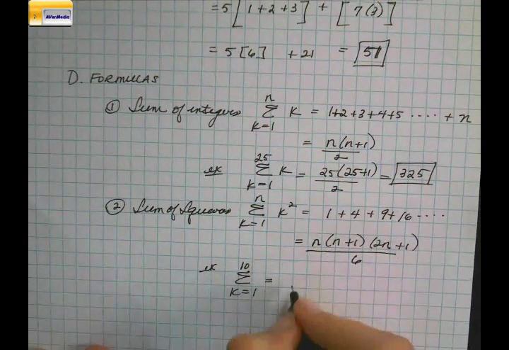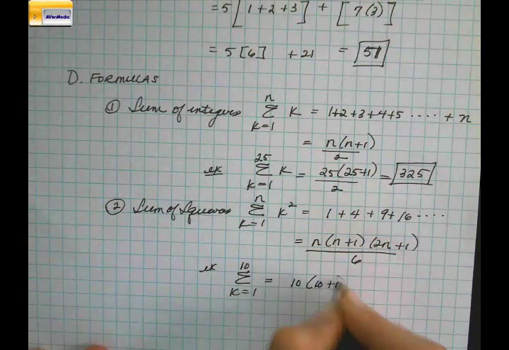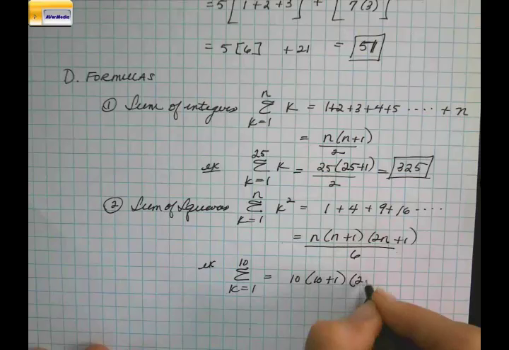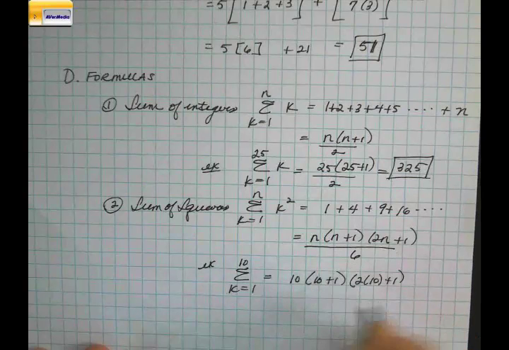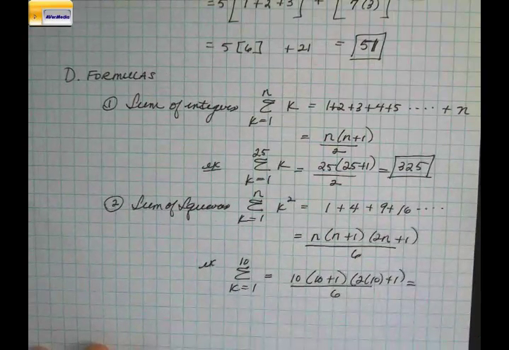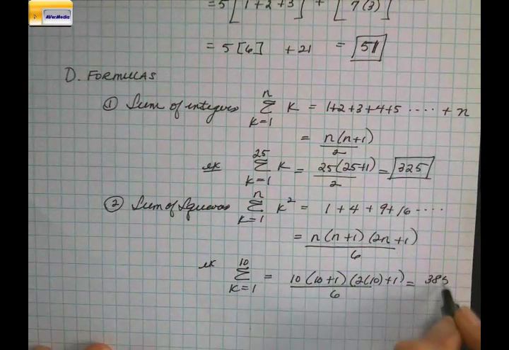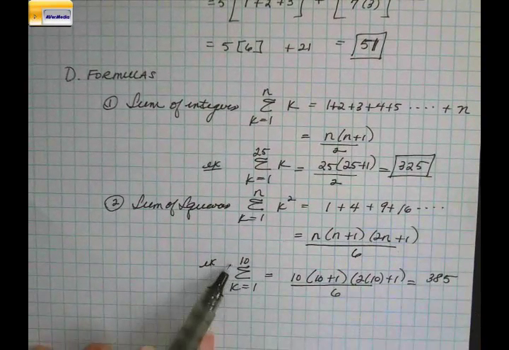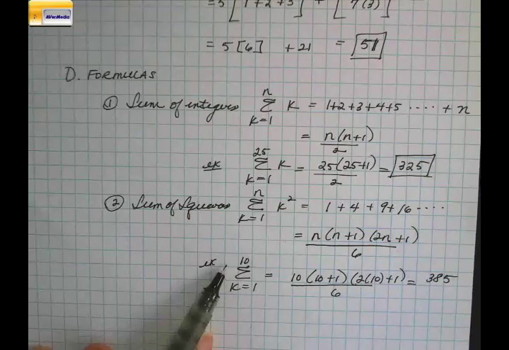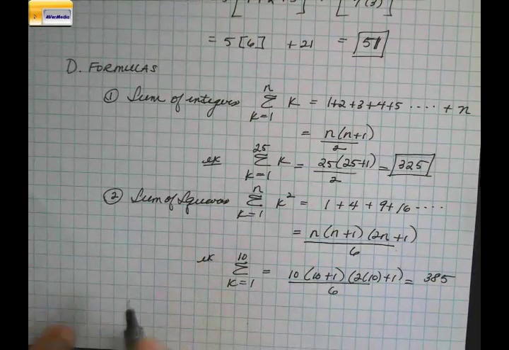If you want to do it using the formula, n is 10, so this would be 10 times 10 plus 1 times 2 times 10 plus 1 all over 6. You have a nice formula: 10 times 11 times 21 over 6, which is 385. Again, these are not big numbers. So if you chose 100, you could calculate very quickly using this formula.